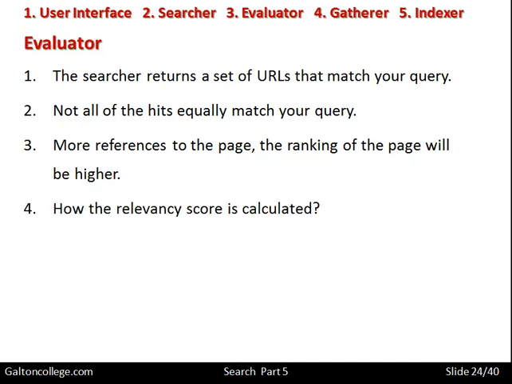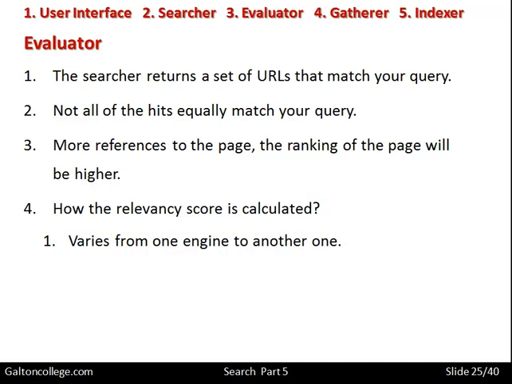Now, how are the relevancy scores calculated? Well, generally speaking, they're calculated by the match, the correspondence that they've got to the query that was posed. Now, the relevancy scores vary from one engine to another. So Google will calculate the relevancy scores one way, and Yahoo will calculate them slightly differently.